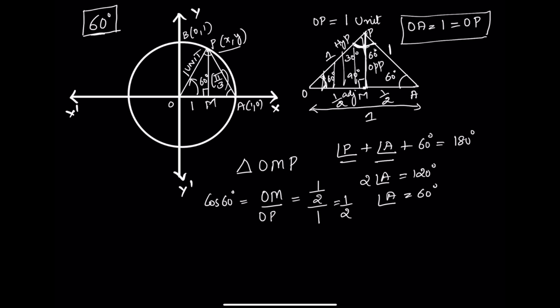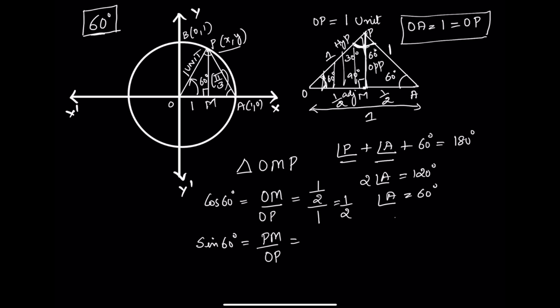Correct? Now, what will be the value of sine 60? Sine 60 would be opposite, which is PM, by OP, the hypotenuse. Now we don't know what the value of PM is.